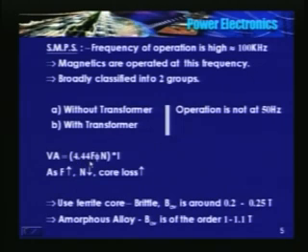Now if you see in this, for a given VA rating, as F increases, N comes down. N is nothing but the number of turns. If I reduce the number of turns, the copper that is used in the transformer also comes down, so weight comes down.